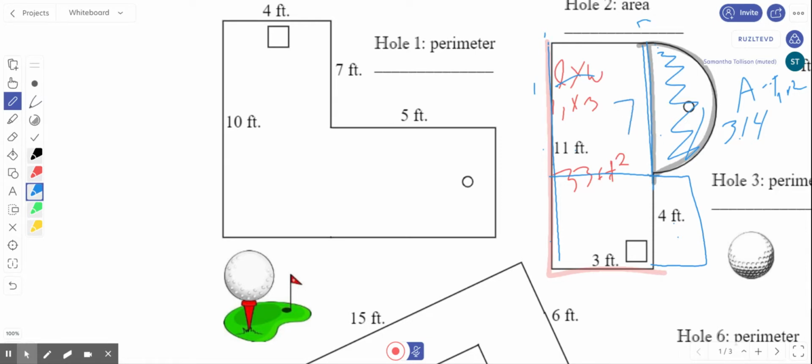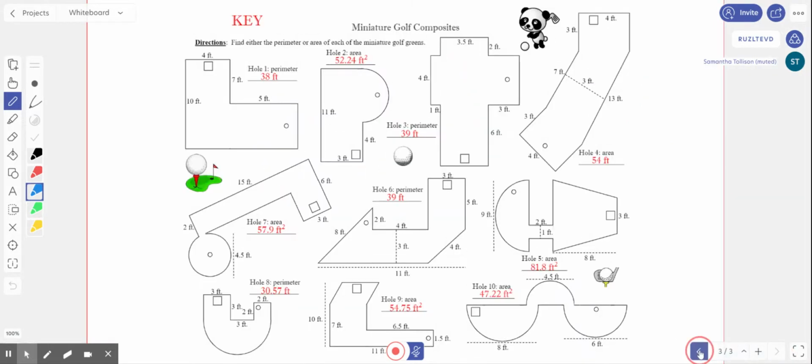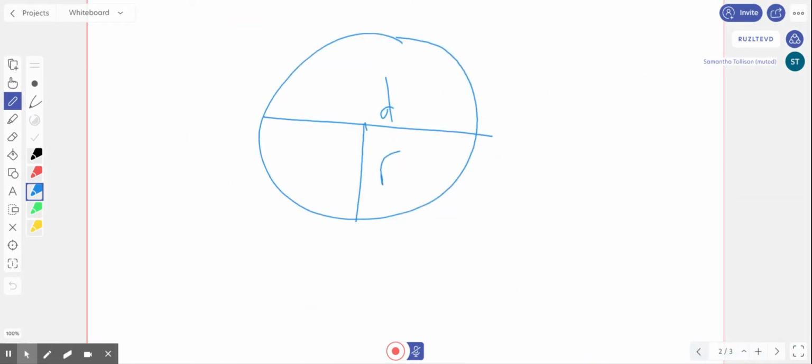All right, so I'm going to go ahead and show my work now on this other page just so it is a little bit neater for us all. So I am dealing with this part of it, and we said that this was 7. That was the entire length, but I don't need the entire length, guys. We're dealing with radius squared.